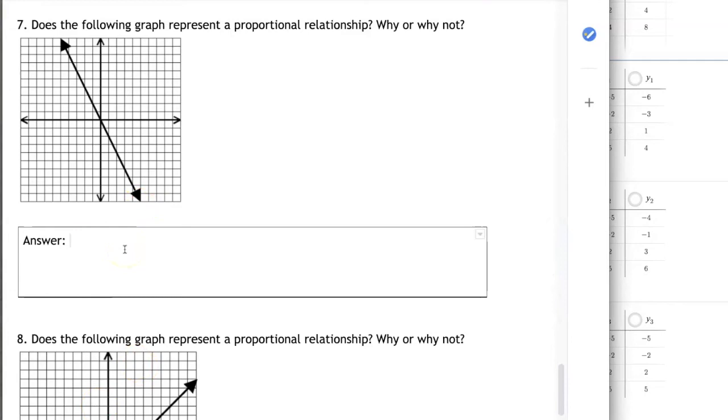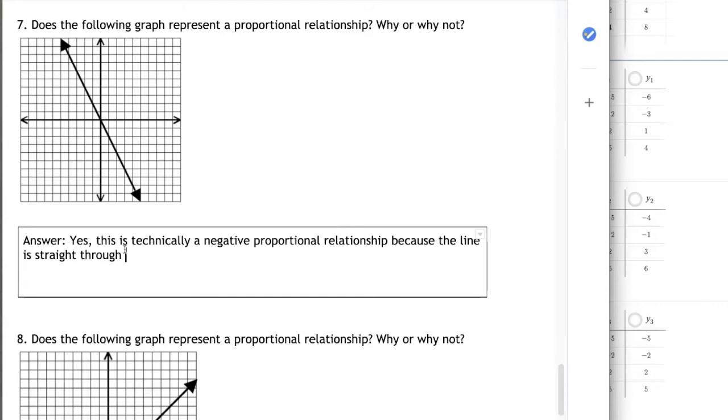So we can say that yes, this is technically a negative proportional relationship because the line is straight through 0, 0, but it is going down.